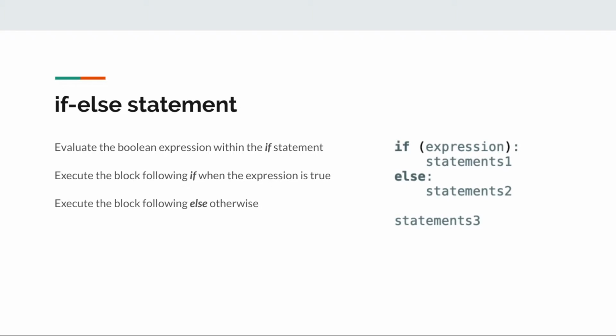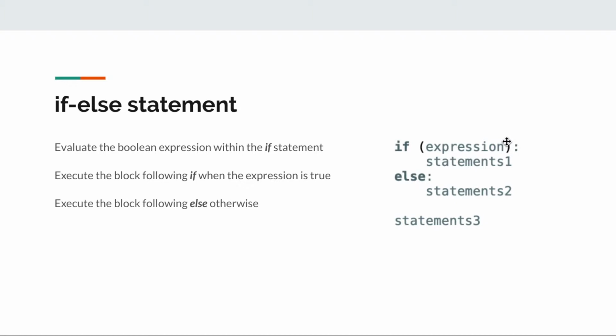So the second form would be an if-else statement, made by adding an else statement after the if statement. The program execution is similar to the if statement. It first evaluates the Boolean expression.